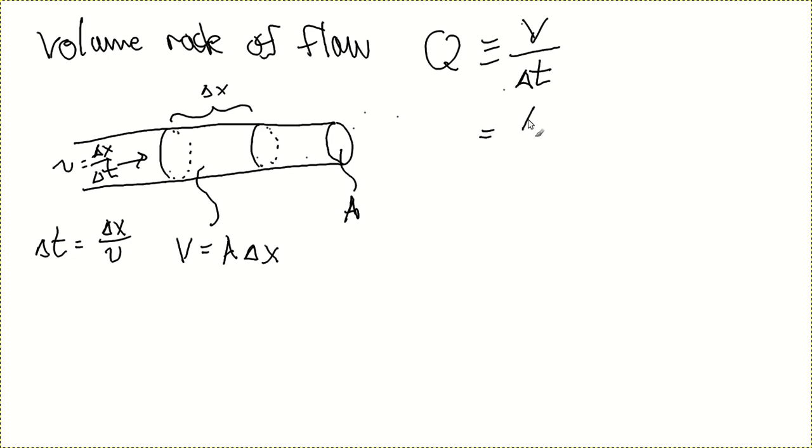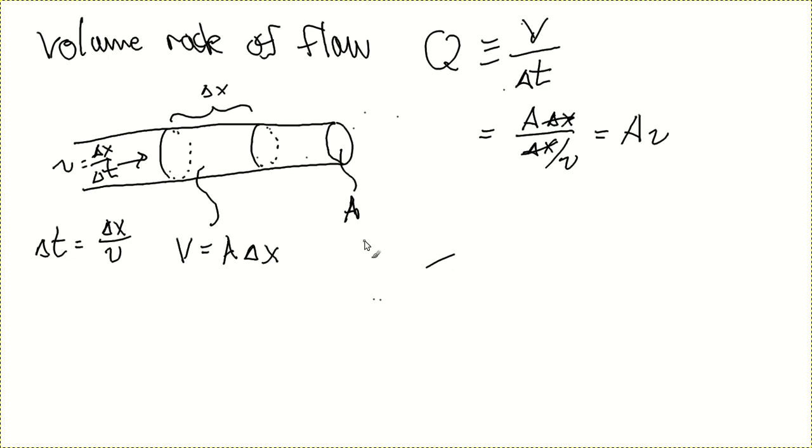Up top we get area times delta x, and on the bottom we get delta x over v. Delta x's cancel, v comes up to the top. So in any pipe, straw, garden hose, whatever it may be, the volume rate of flow turns out to be equal to the area of that pipe times its velocity.